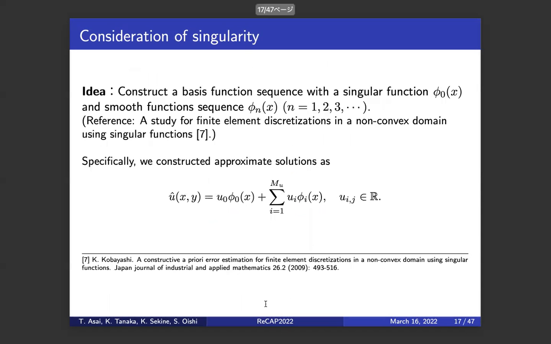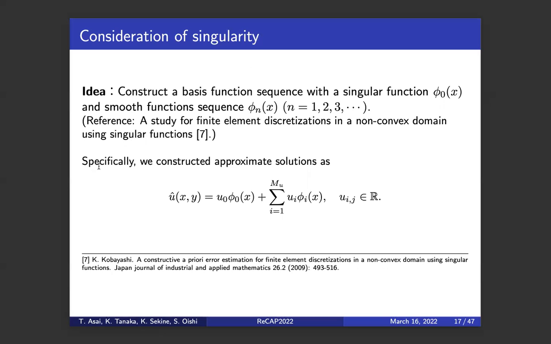Okay, then we get the idea. To construct a basis function sequence with a singular function phi 0 and some basis function sequences like that. We referred to this study as a basis for this idea.